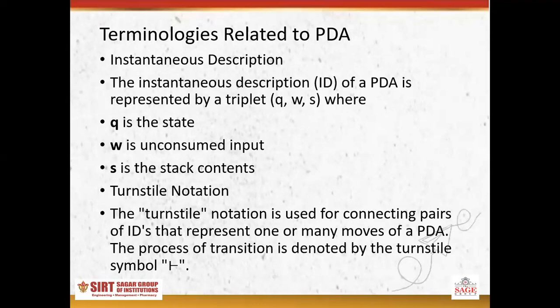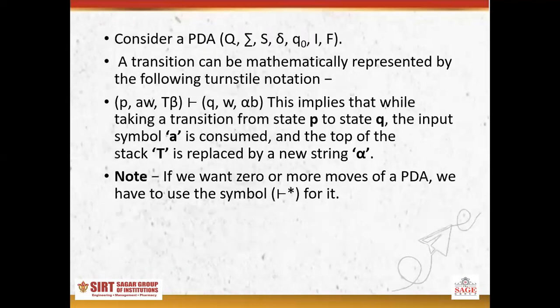The process of transition is denoted by the turnstile symbol. Considering a PDA where the 7-tuple is given, a transition can be mathematically represented in turnstile notation as (P, aw, T beta) turnstile (Q, w, alpha beta).